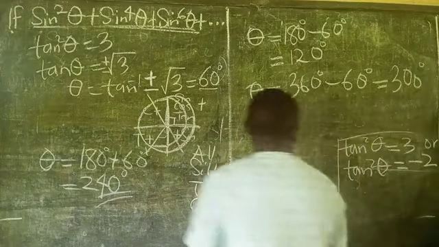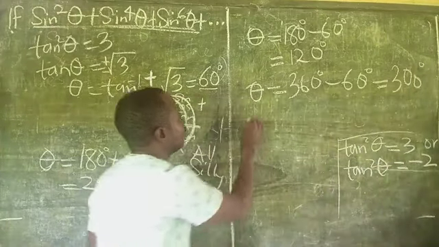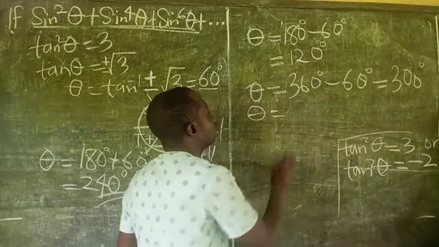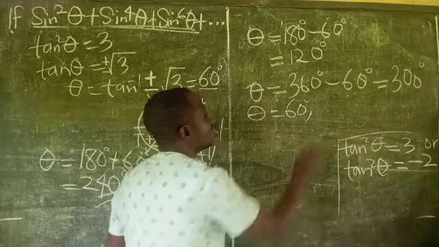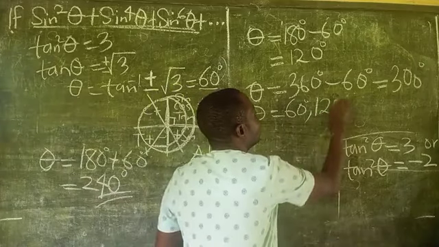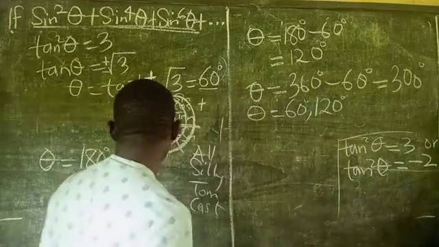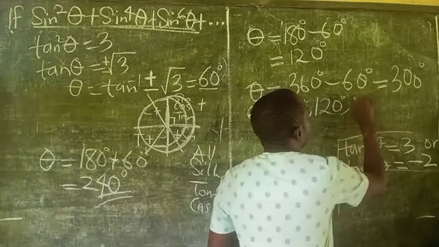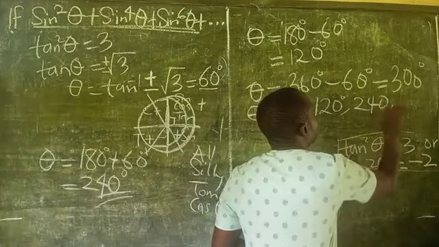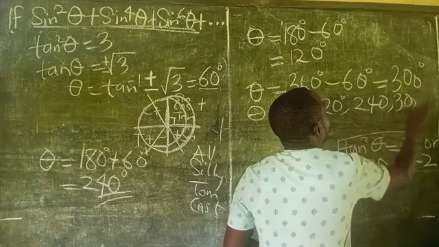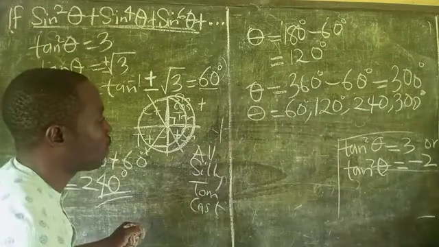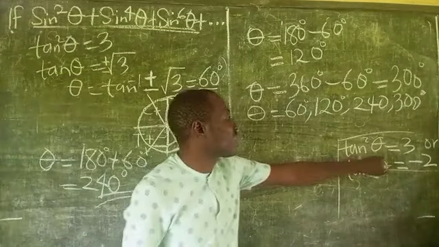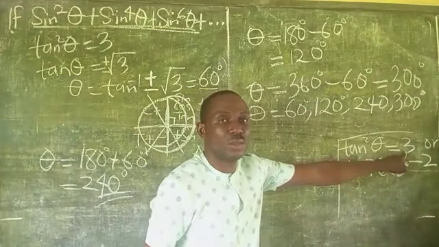The values of theta that we have obtained are therefore: the first value is 60 degrees, the second value is 120 degrees, in ascending order, the third value is 240 degrees, and of course 300 degrees. Now we are done with tan square theta equals 3.